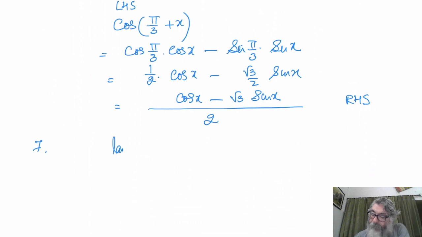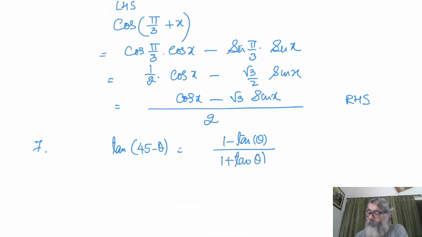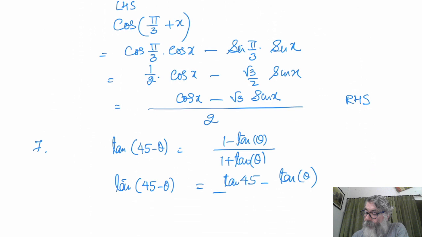this we have done, but even then I'll do it again. Tan 45 minus theta is equal to 1 minus tan theta upon 1 plus tan theta. We have to prove this. Tan A minus B means tan A minus tan B upon 1 plus tan A tan B, with tan 45 and tan theta.